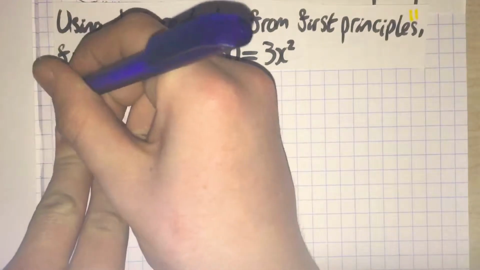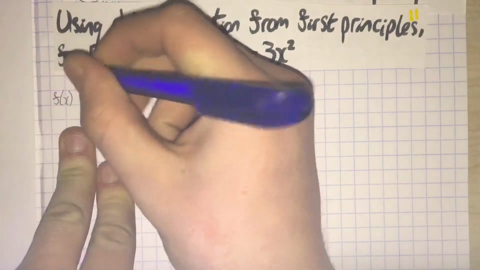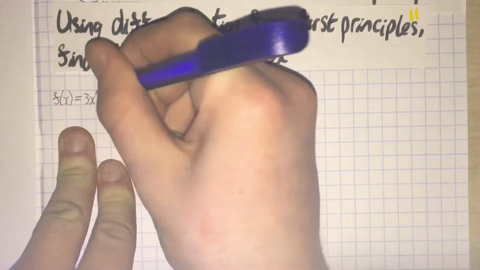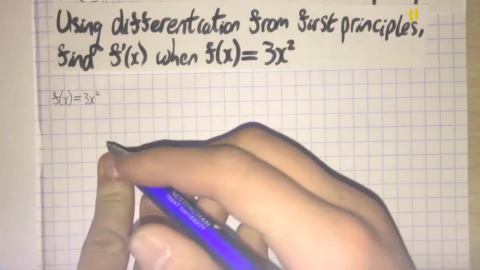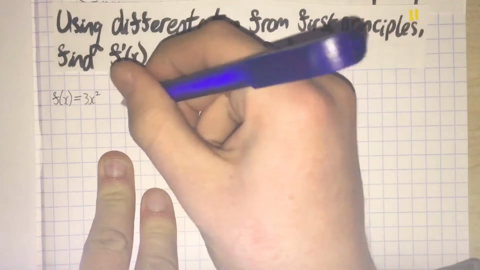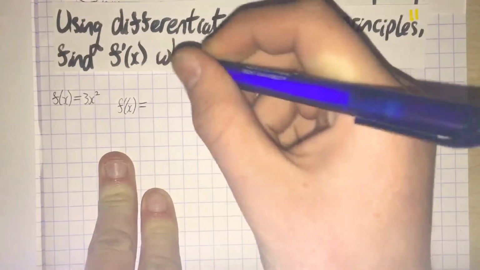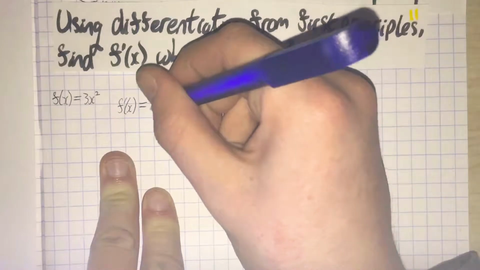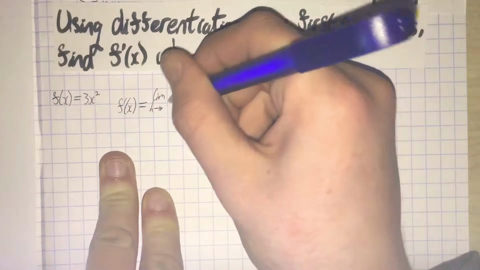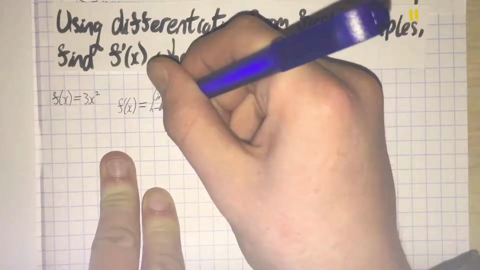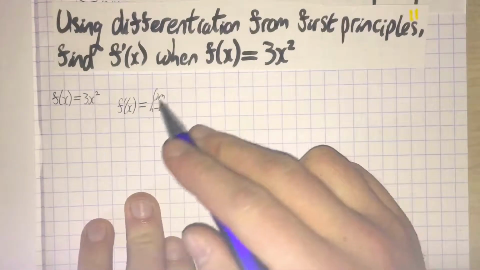So, f of x is equal to 3x squared. If we're finding f dash of x, then we're going to have limits as h tends towards 0. Lest we forget, very important.